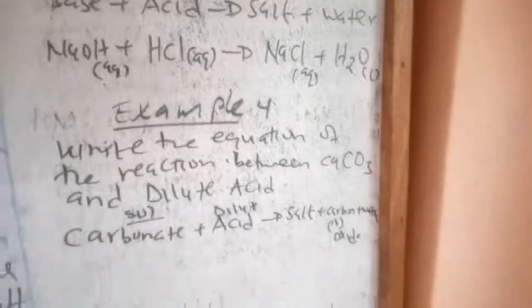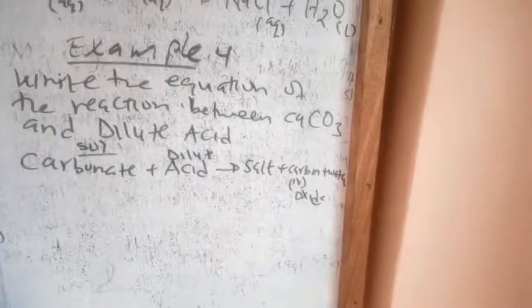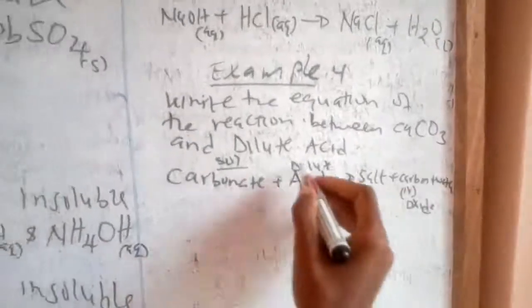Water is also produced, and therefore there are 3 things which you are supposed to obtain: salt, carbon dioxide, and water.